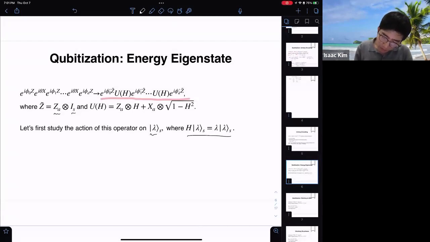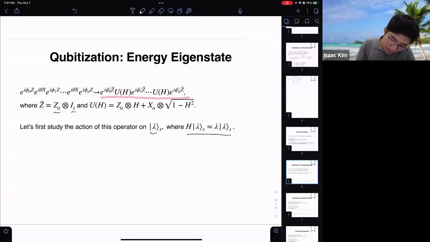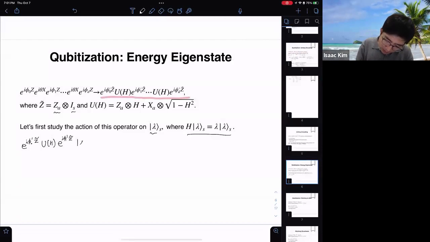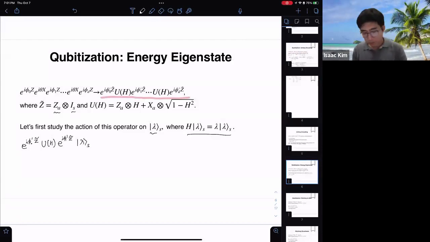All right, so what would happen to this? Let's consider the simplest case. Let's say we have this single qubit rotation, and U of H, and we have single qubit rotation Z. The question is, if we apply this operator on the energy eigenstate, what happens?